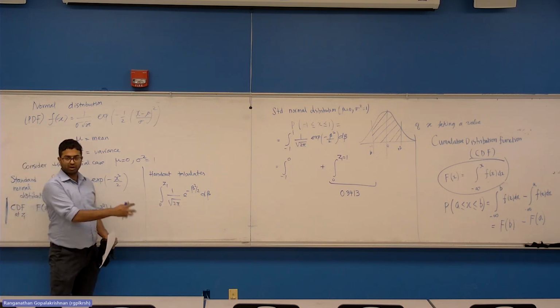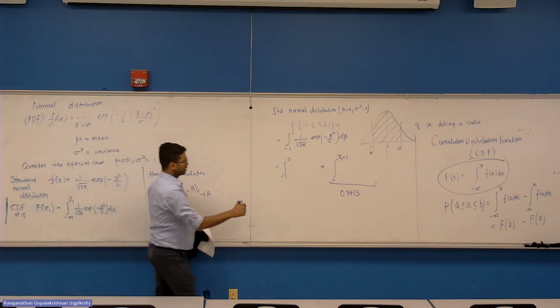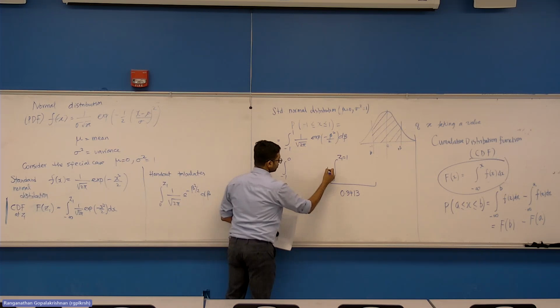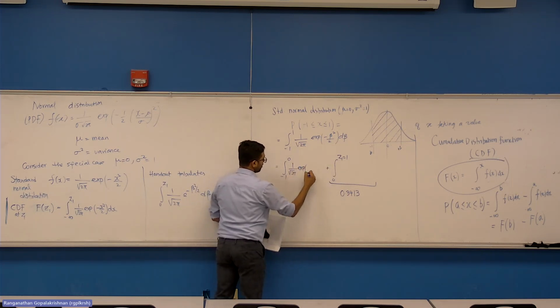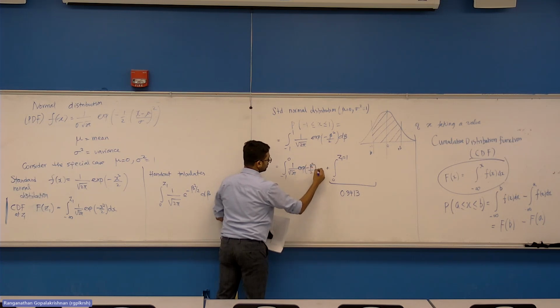Yes, do you agree with this, everyone? 0.3413. The other integral is 1 over square root of 2 pi exponent of minus beta squared over 2 d beta.